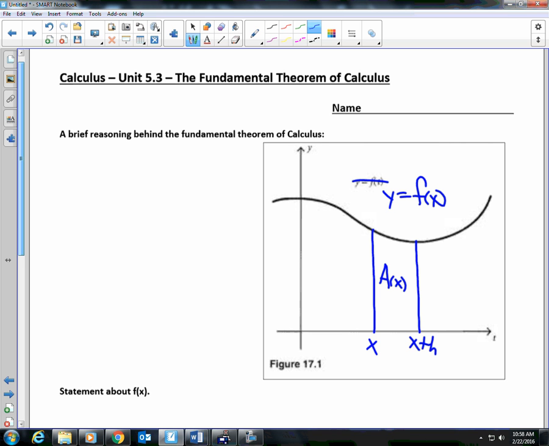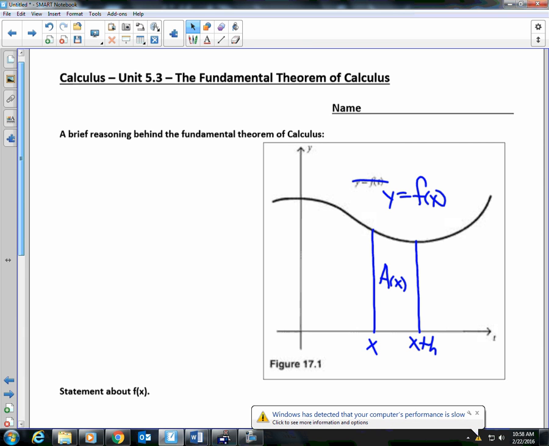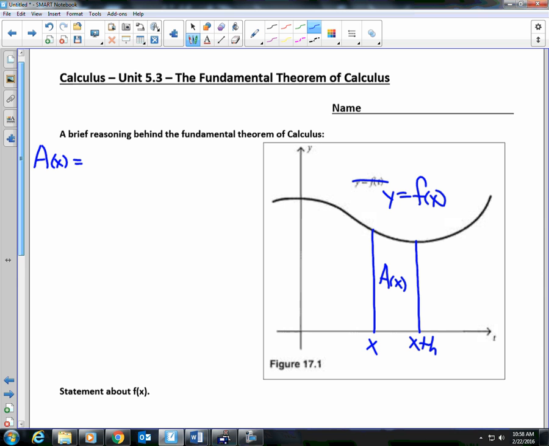Increase. As I move it closer to x, it will decrease. Okay? So you can kind of see what's happening here. So it's a function, meaning it changes given different values. So I have area in terms of x is equal to the integral.